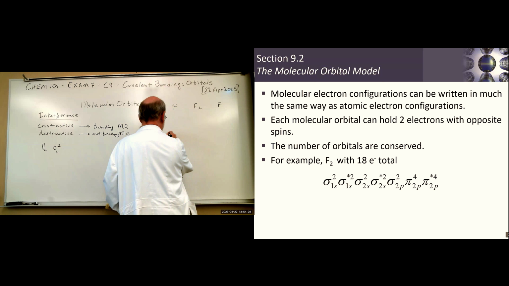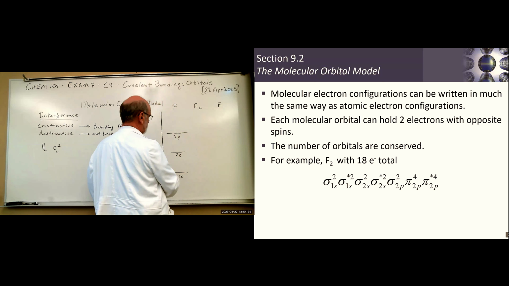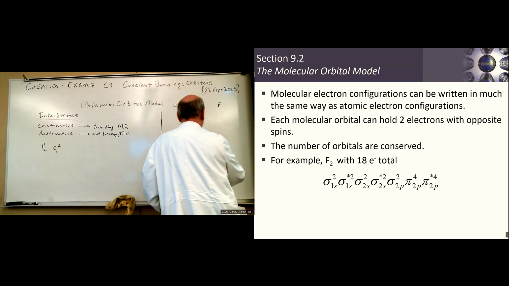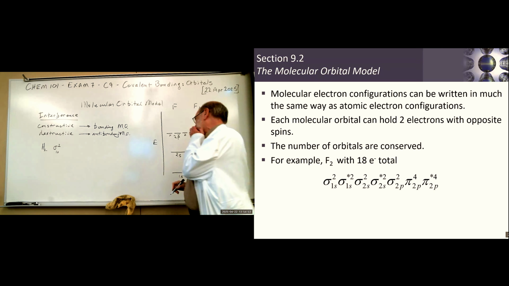And then it's going to have 3 2p's, X, Y, and Z. And on the other side, we'll have the same thing. We'll have 1s, we'll have 2s, and we'll have our X, Y, and Z for the 2p's.